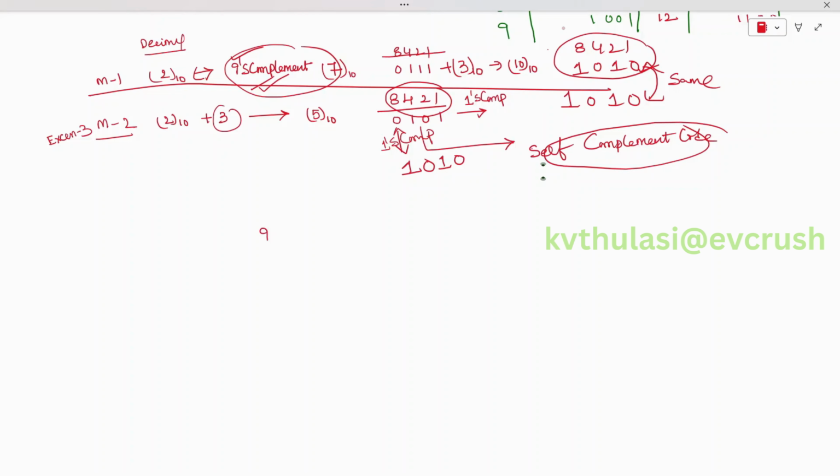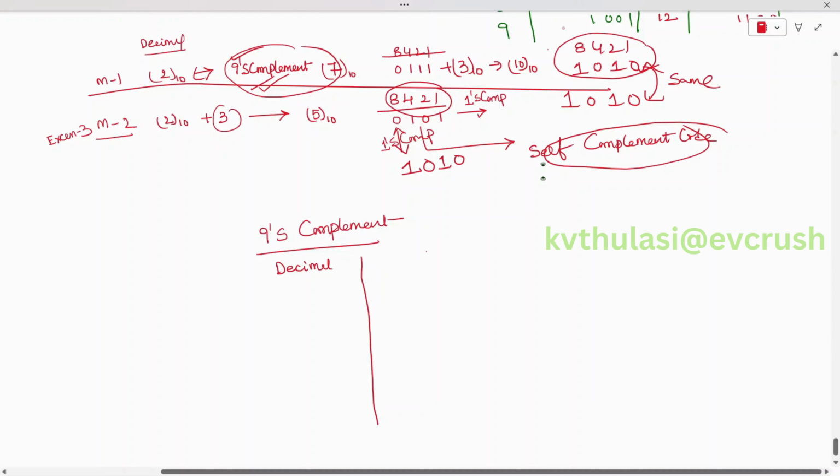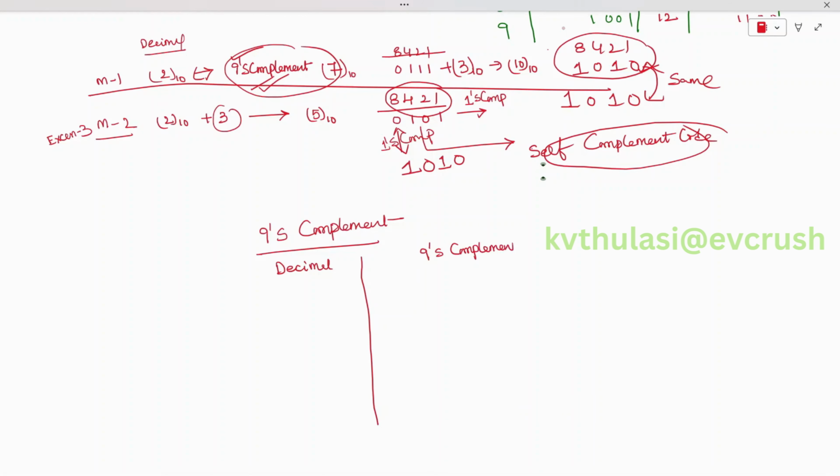Now, let's try to understand. So, some problems you may have, you have to find out the nines complement of a number. It's very simple. No need to worry. Okay. Now, let us try to write down what are the decimal numbers we have and what are the nines complementary values. So decimal numbers, and next column is nines complement. How to get this decimal as well as nines complement?